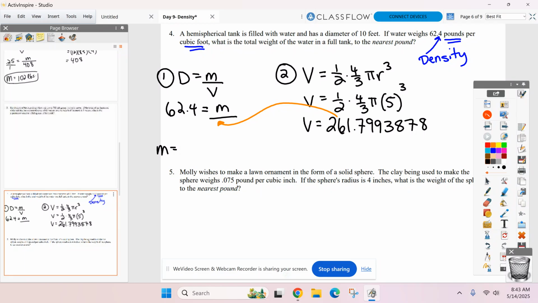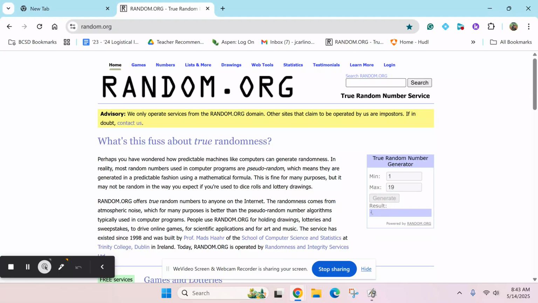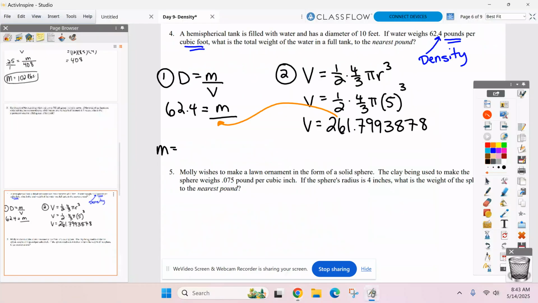Nearest pound on this one, nearest pound. Big tank. Jalen, what do you have, nearest pound? Yes, yes.